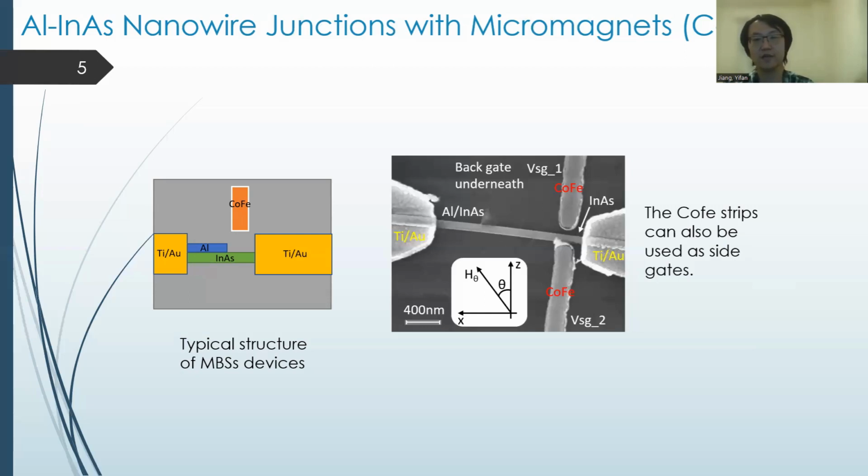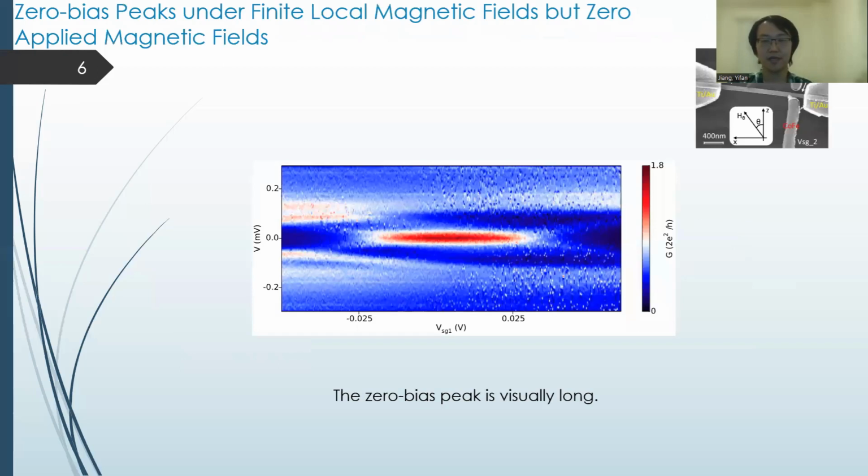Additionally, these two cobalt iron strips in the SEM image can also be used as gates to tune the chemical potential of the nanowire close to the strips. Now, if I apply a voltage source across the two strips, we can monitor the energy states inside the induced superconducting gap. For this plot, I have a pre-magnetization process.